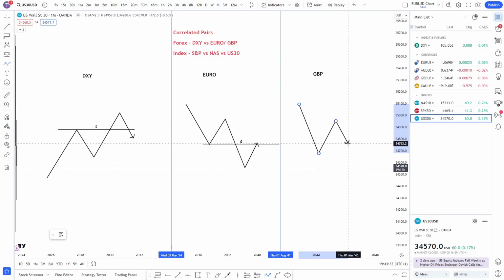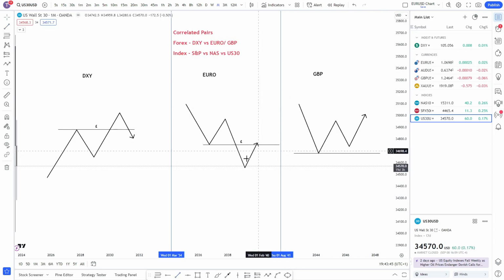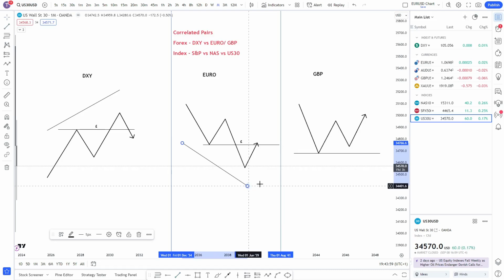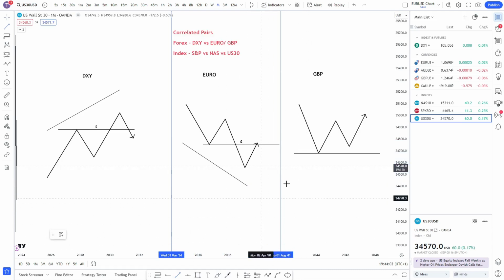What we can notice is that we are showing movement in here, but we are unwilling to take out this liquidity right here. As you can see, the DXY is moving higher, doing something like that. Euro is moving lower, but the pound is refusing to go lower right here.